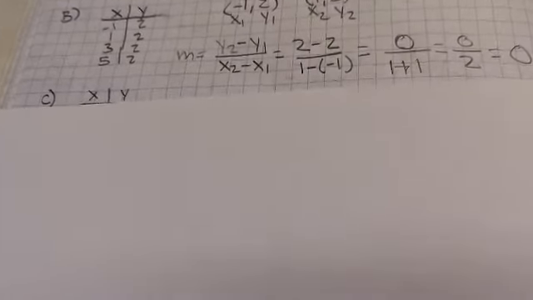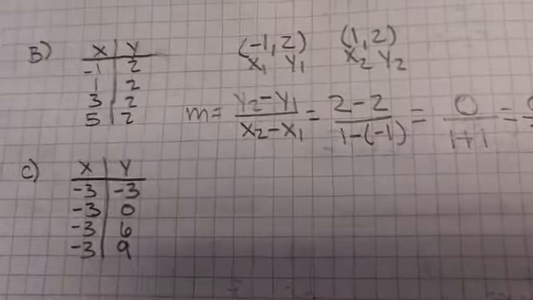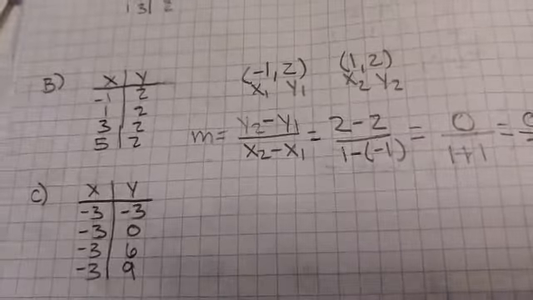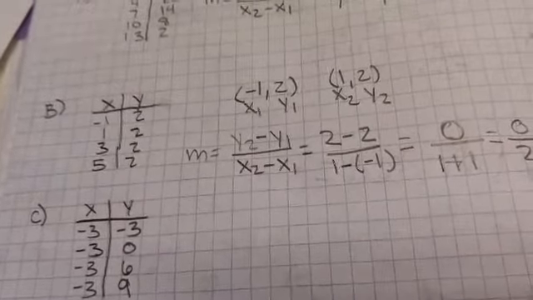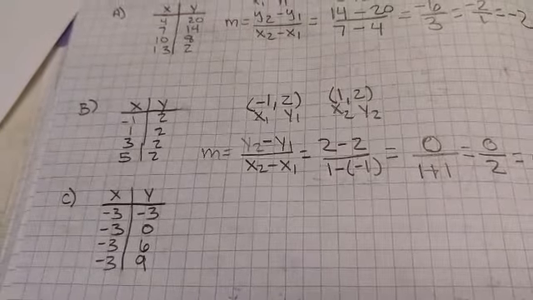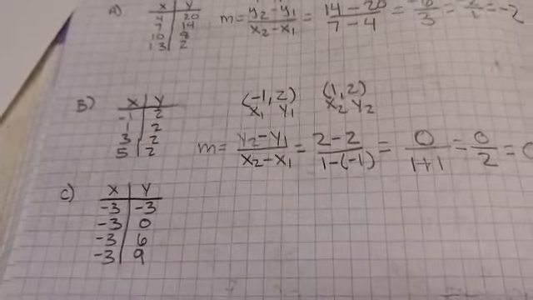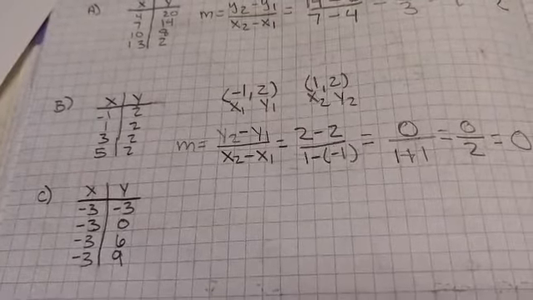Okay, part C. What I want you to try is x is -3, -3, -3, -3. Y is -3, 0, 6, and 9. So I'm going to give you just a minute to figure out what 2 points you want to use.